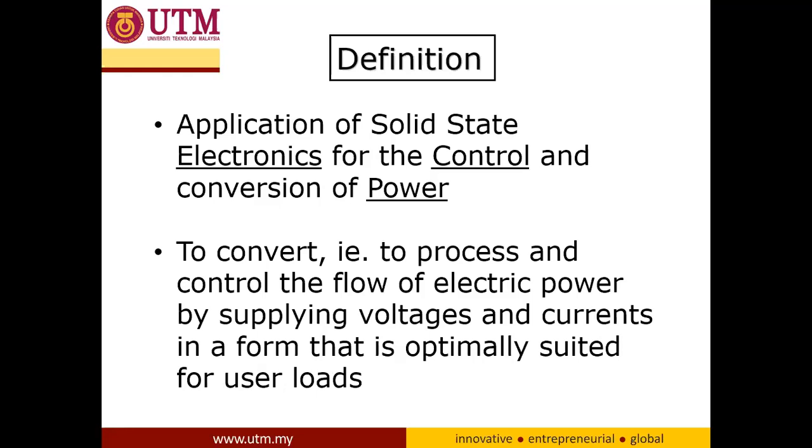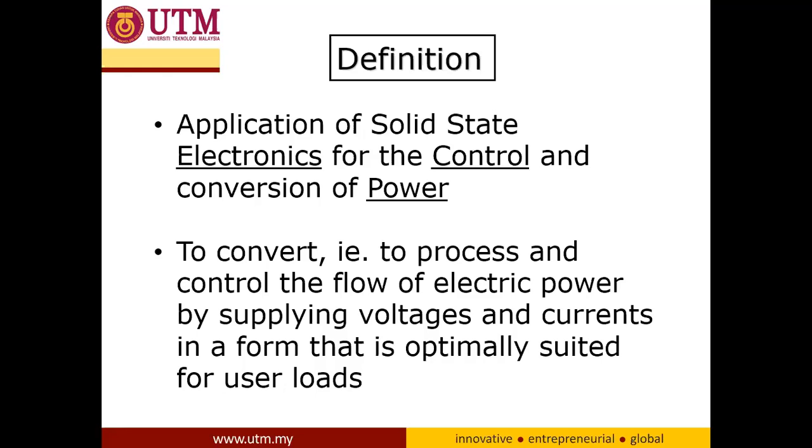So as a definition, power electronics is a technology to convert, process and control the flow of electrical power by supplying voltages and currents in a form that optimally suits the user load. Sometimes the voltage source is 50 volts, but our load requires only 5 volts. So how do we match the source to the load?